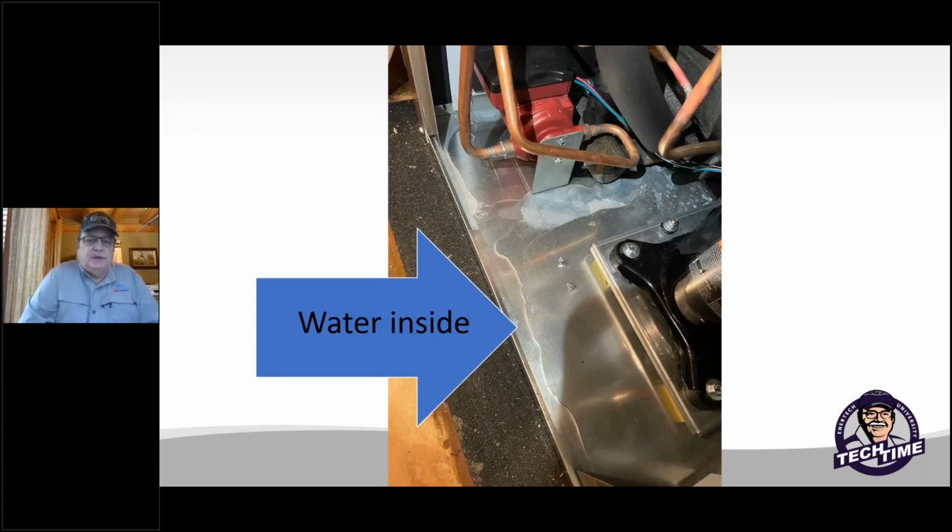Here's a picture of a one-year-old YT unit that had some problems over this last winter. There's actually water standing inside the base pan of the heat pump, and this water also migrated out onto the floor, which prompted a trouble call from the homeowner to the contractor, who thought they had a leak inside the heat pump. Well, the desuperheater hot water generator was never hooked up on this unit.